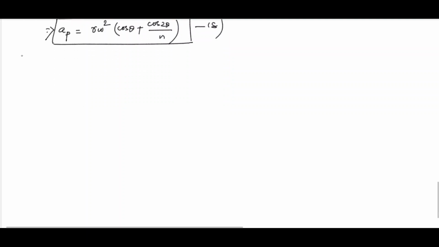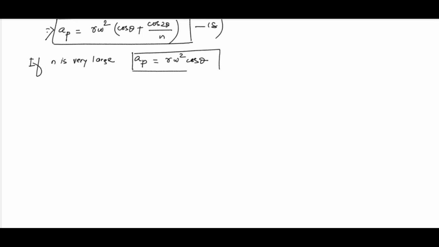Now here also there are certain assumptions that if your n is very large, then acceleration of piston AP will be r omega square cos theta.